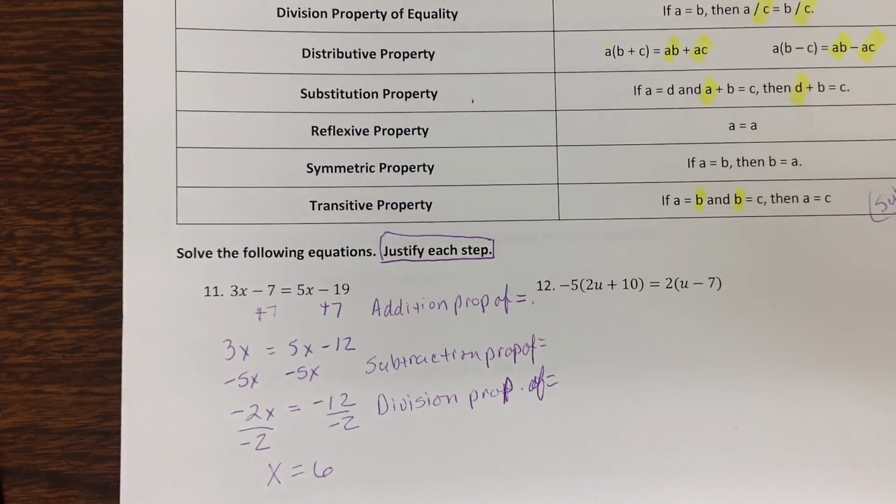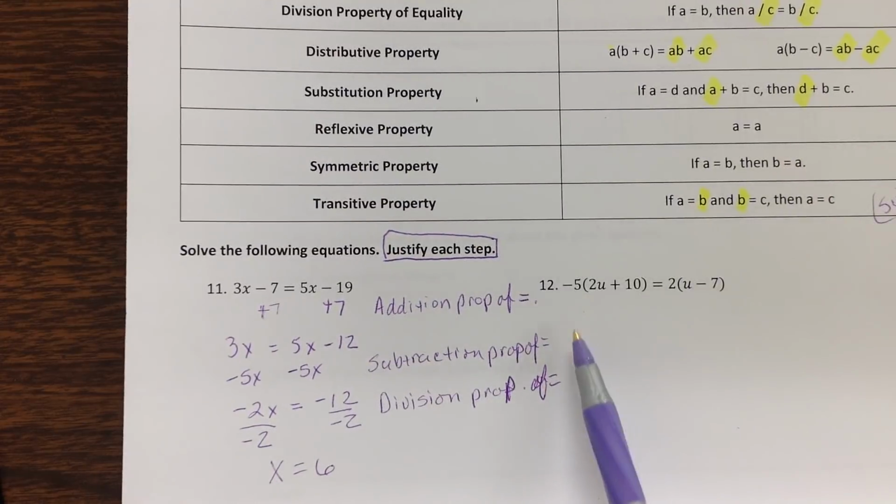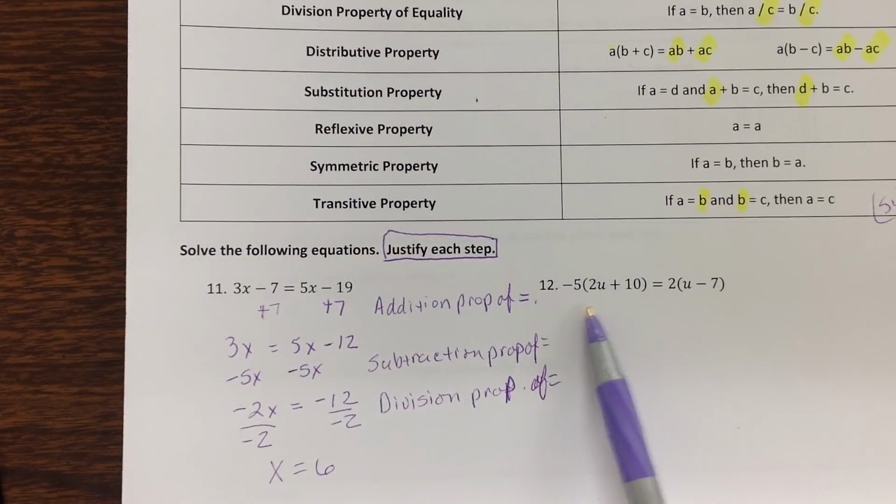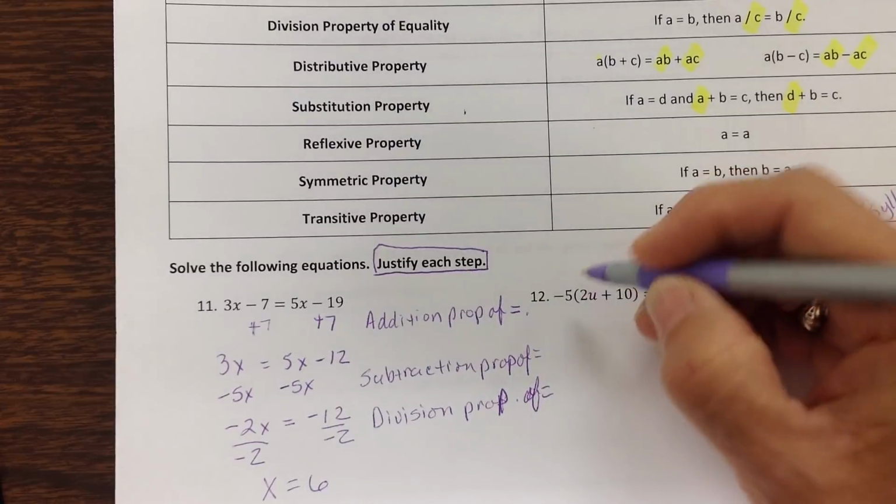Okay, so when I look at this next one, using algebraic rules, I could divide by 5 or negative 5 or 2 if it would make sense and make it more efficient, but it's not. So my first step in this problem is going to distribute.